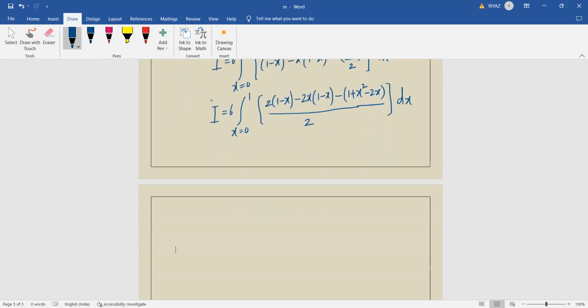This is I is equal to 6 by 2, which is 3, with x from 0 to 1. Now you simplify here.